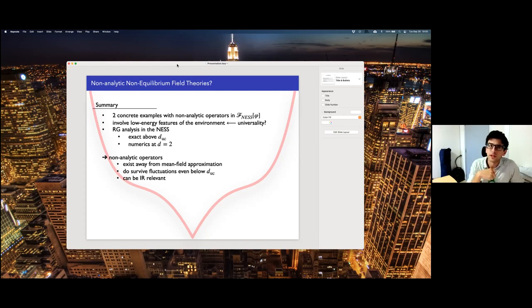My understanding was that typically if the bath is obeying detailed balance, so if the bath is in equilibrium, because of detailed balance, there is this fluctuation-dissipation relation in the middle, it was preventing the non-analyticity in the bath from being transferred to the system.